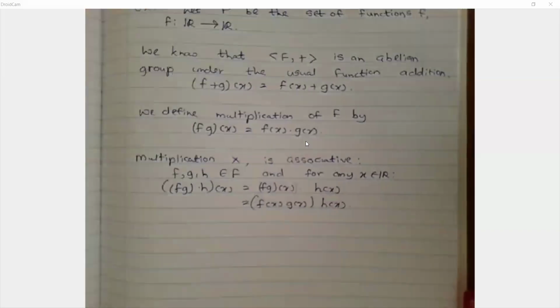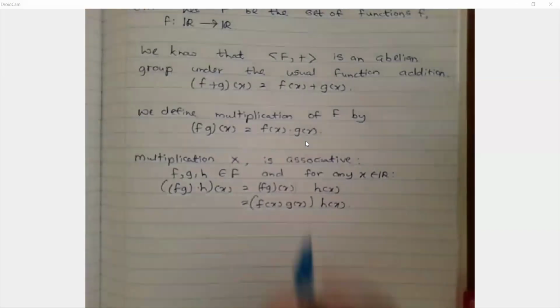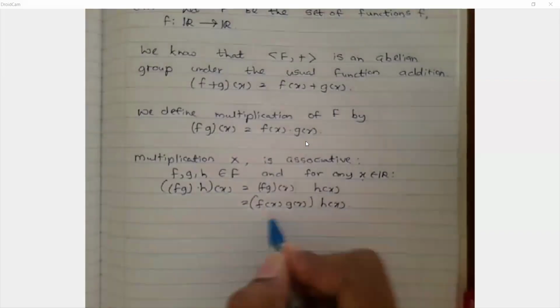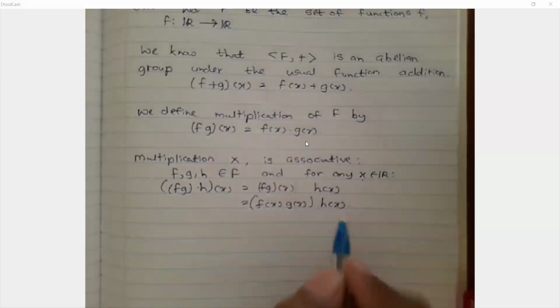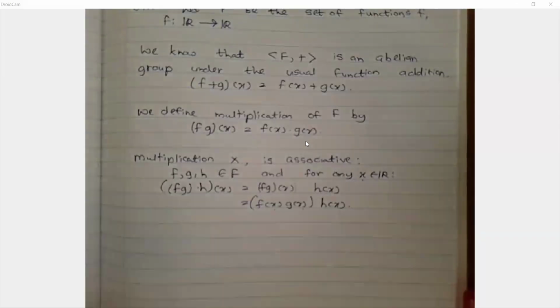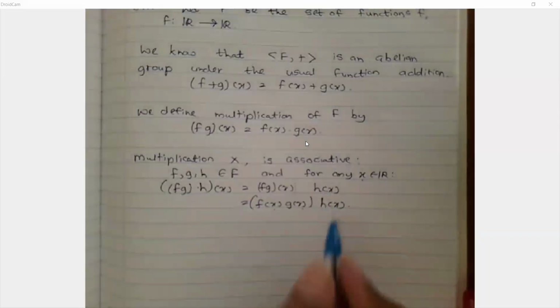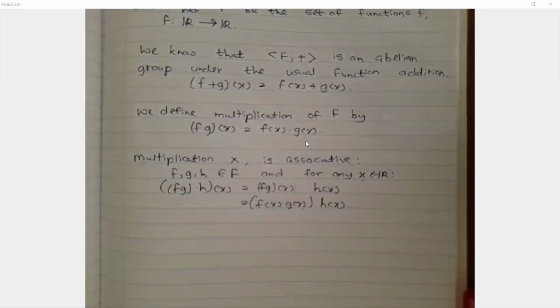Now remember, for all these functions f, g, h, they are real valued functions. So f of x, g of x, and h of x, for every real number x, gives you another real number. All these are real numbers, and we know the set of real numbers is actually a ring. So the multiplication that you see over here is the multiplication defined over R. And because it's a ring, it's associative.